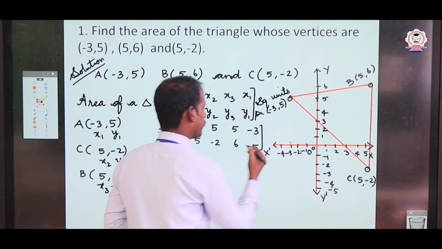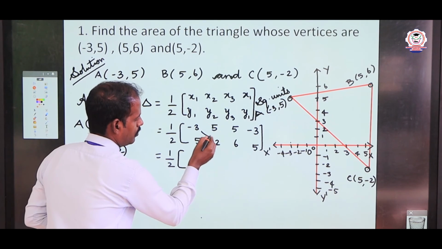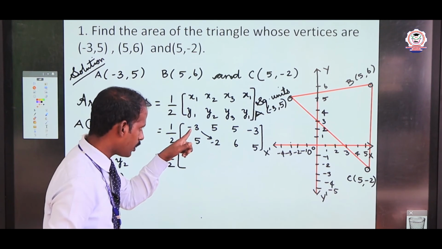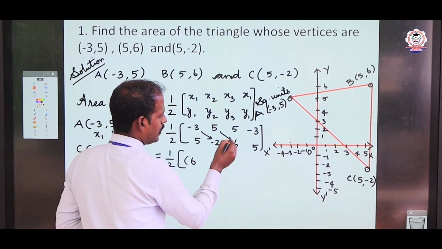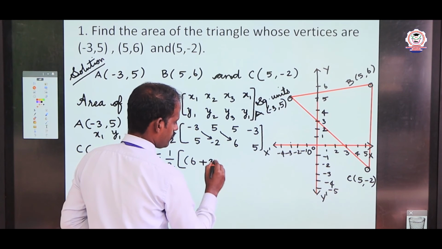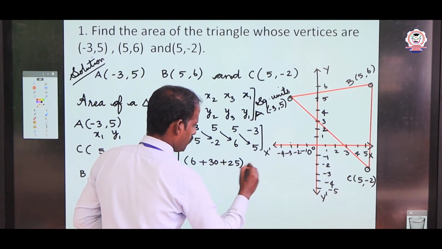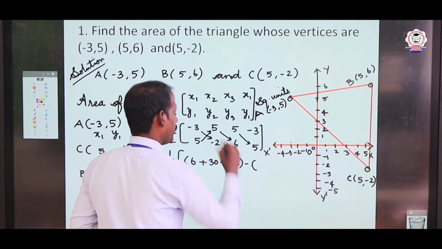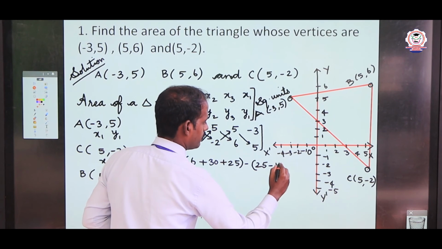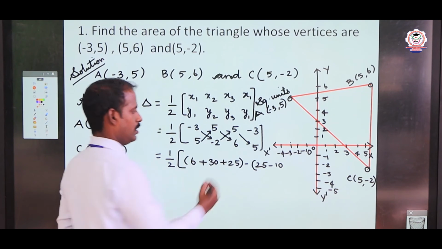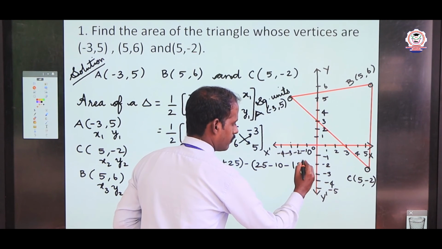So now we take the products, 1 by 2, upward to downwards: minus 3 into minus 2 plus 6, and next 5 6s are 30, 5 5s are 25, minus 5 5s are 25. 2 5s are 10, minus 10 because here it is minus into plus, minus, and 6 3s are 18, minus into plus minus, so 6 3s are 18.